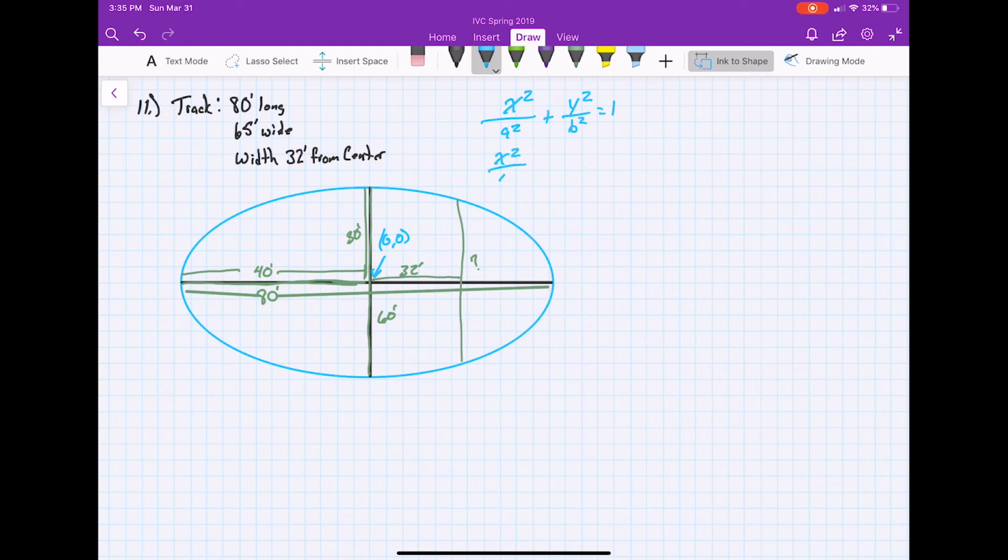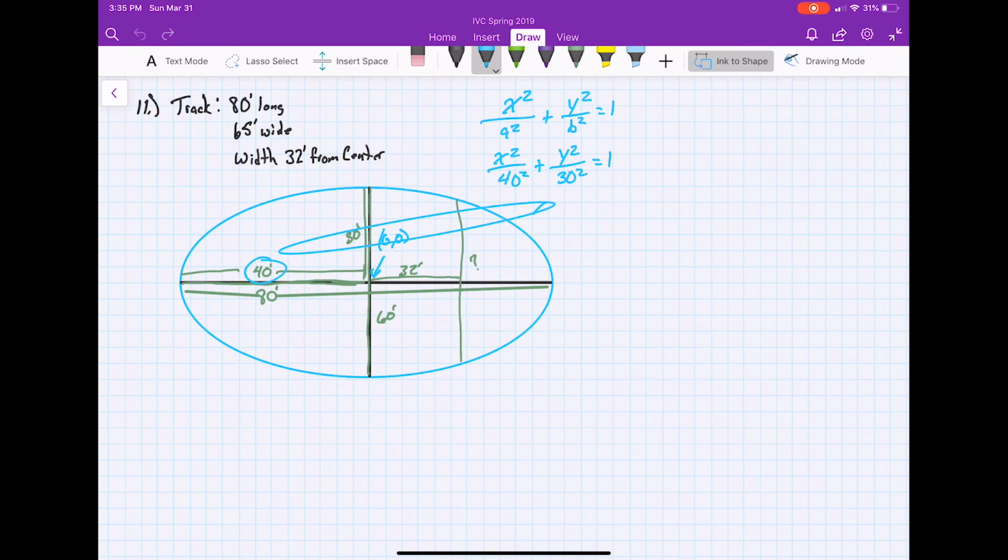So x squared over 40 squared plus y squared over 30 squared is equal to 1. And we can further simplify this. 40 squared is 1600. 30 squared is equal to 900. So x squared over 1600 plus y squared over 900 equals 1.